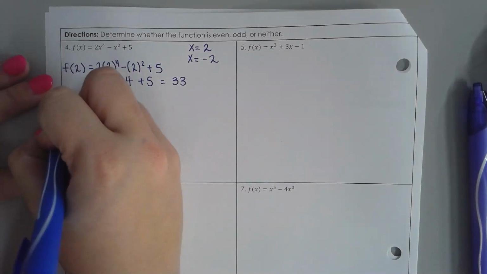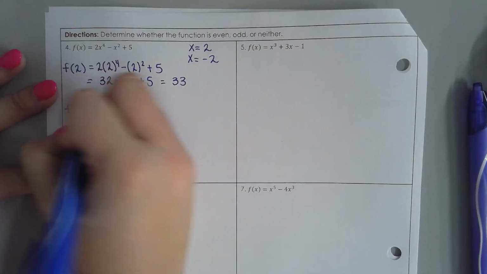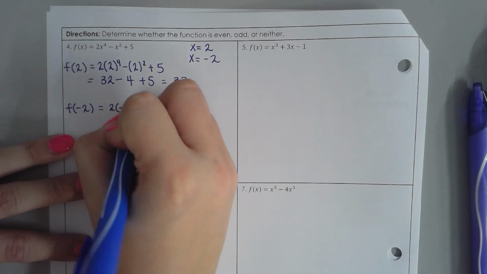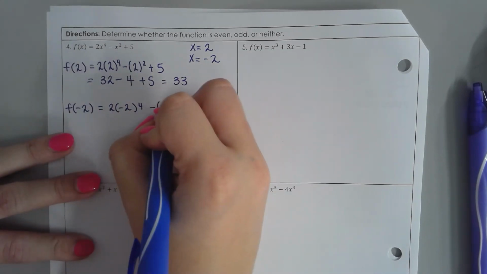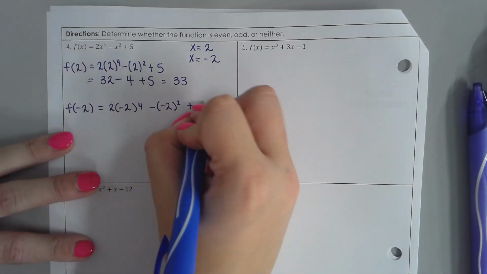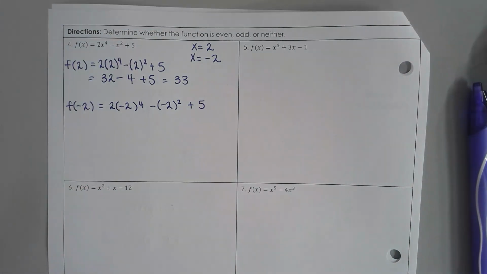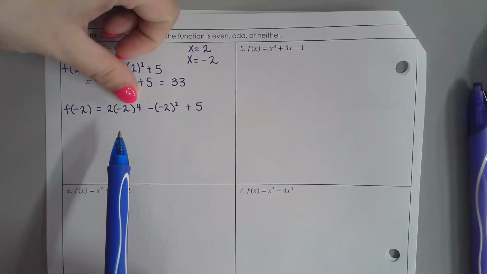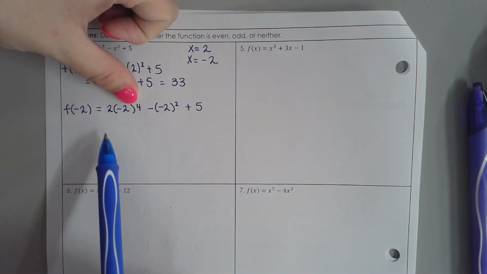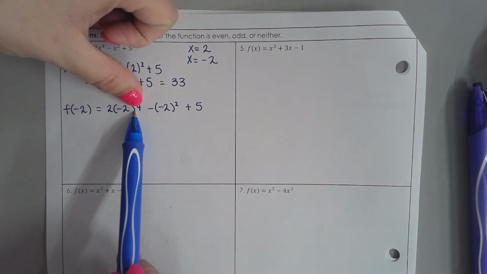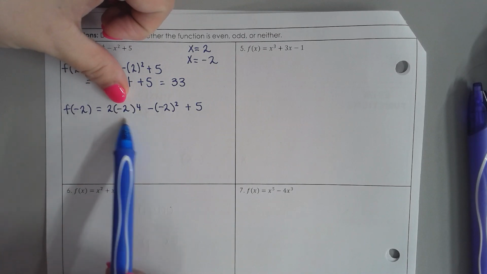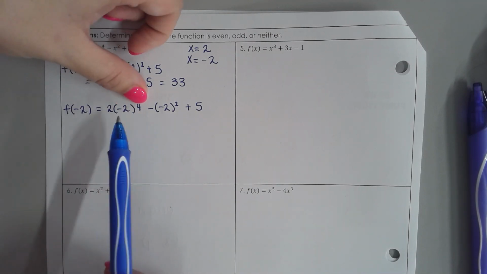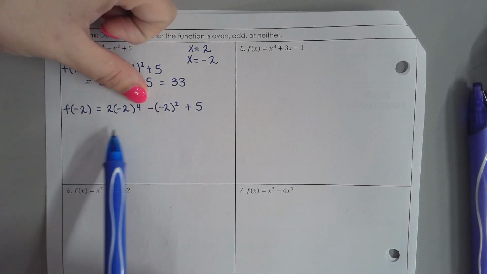And then try f of -2. -2 to the 4th. When you raise a negative number to an even exponent, is your answer positive or negative?